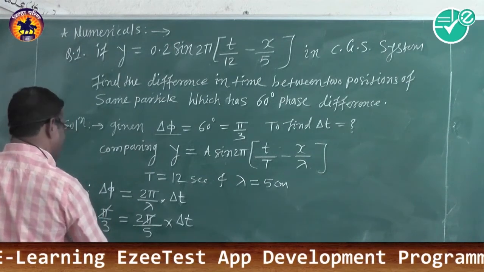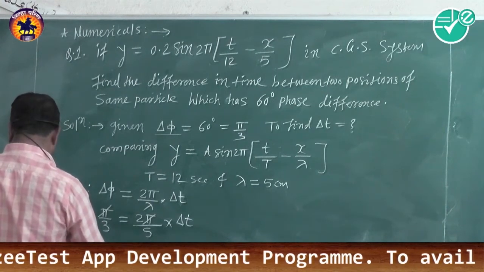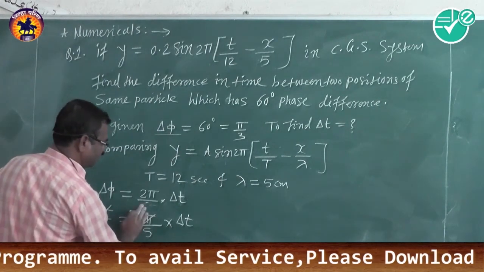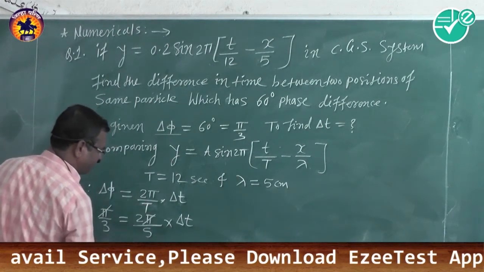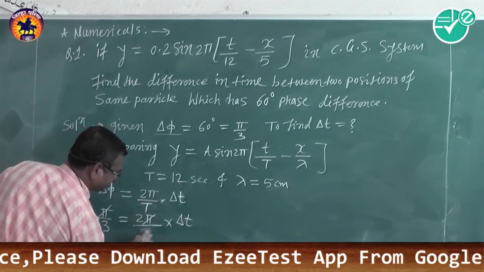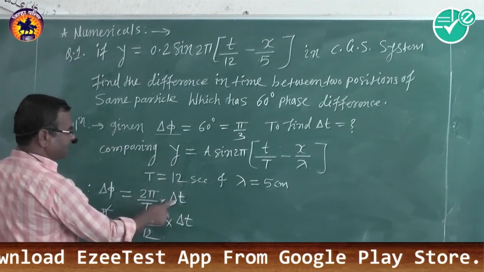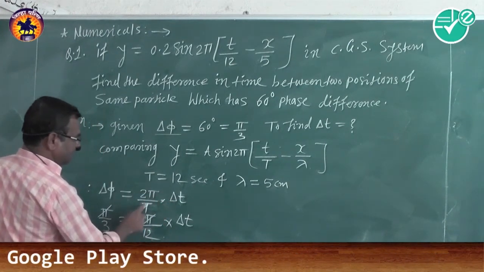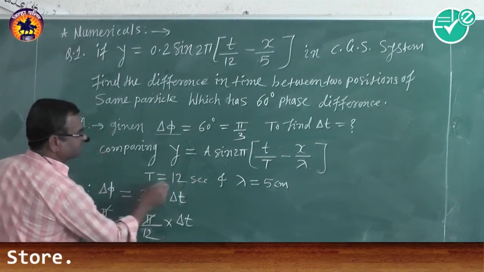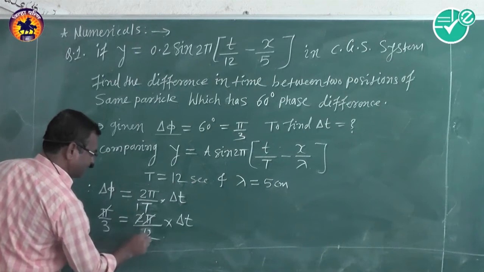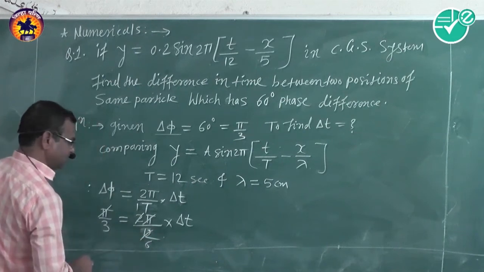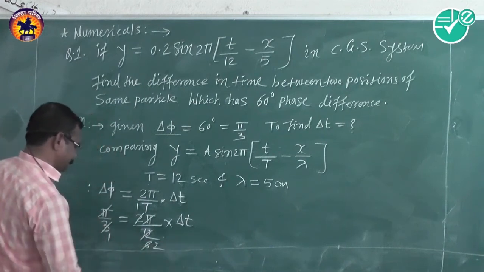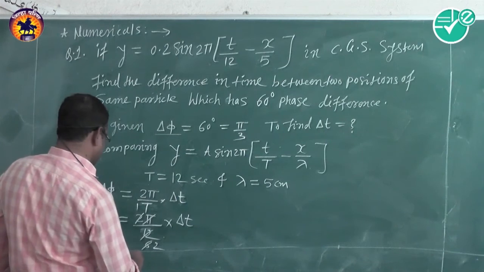We can use the formula 2 pi upon T, and T is equal to 12, because we are finding the time difference. Therefore, 2 pi upon T into T is 12: 2 ones are 2, 2 sixes are 12, and 3 ones are 3, 3 twos are 6.